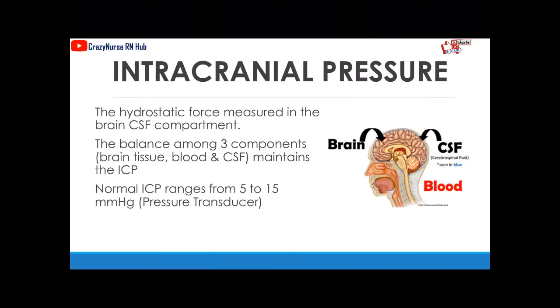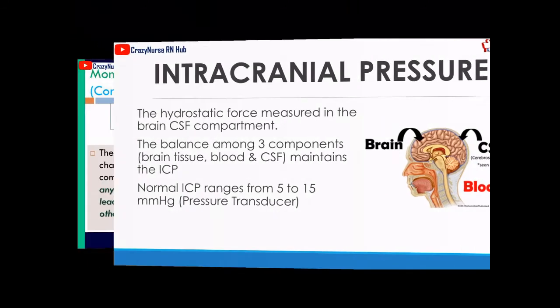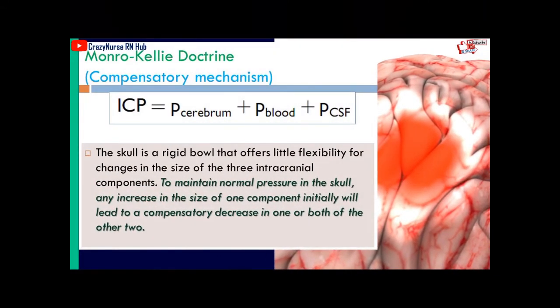ICP can be measured using a pressure transducer. Normal ICP ranges from 5 to 15 millimeters of mercury. A sustained pressure above the upper limit is considered abnormal. Now let's discuss the Monro-Kellie doctrine. It is a compensatory mechanism of the brain to maintain the normal intracranial pressure.